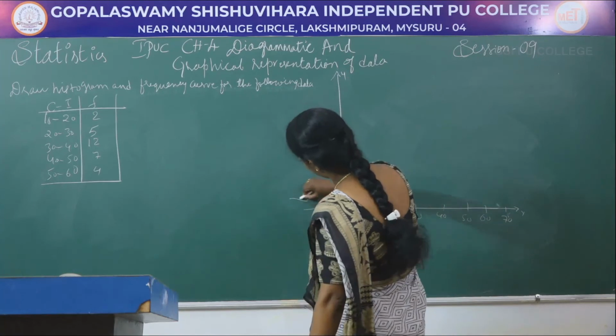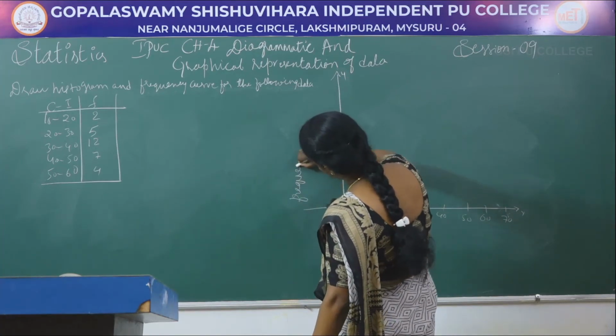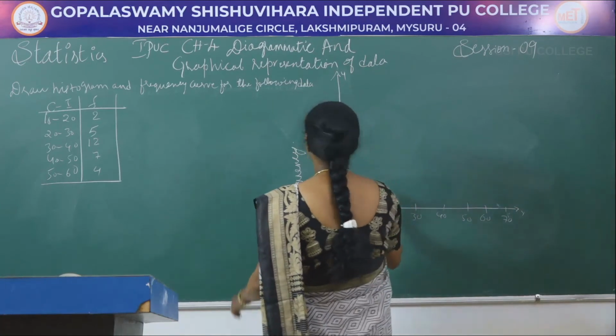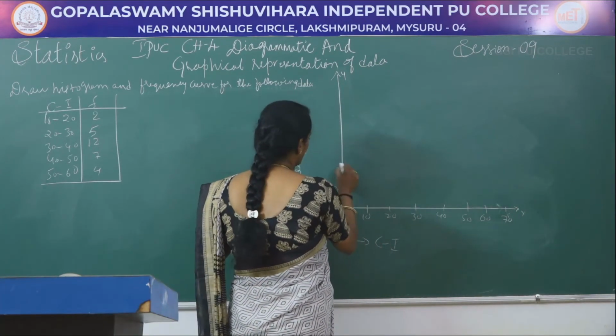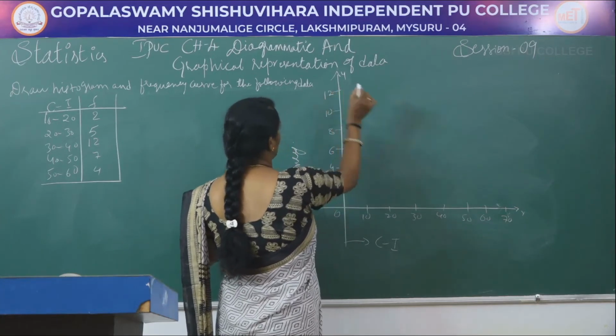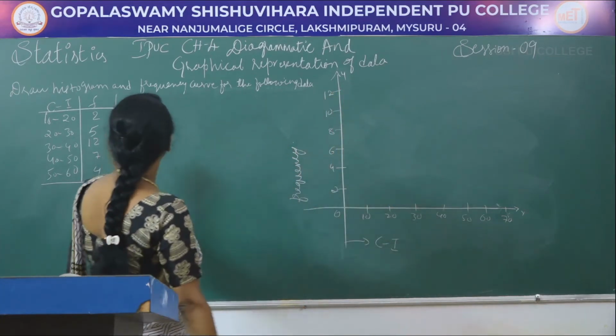And in Y axis this is frequency, and the interval starts from 2, 4, 6, 8, 10, 12, because the maximum is 12.